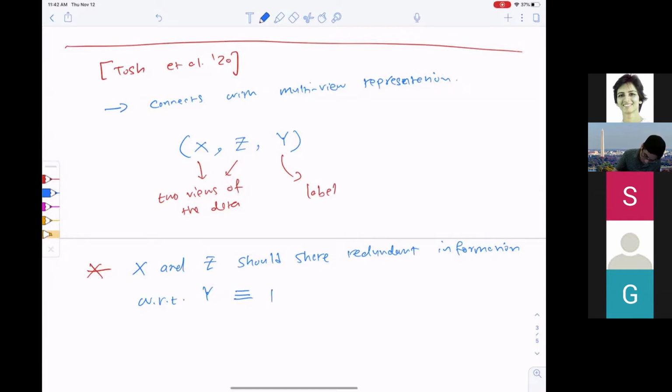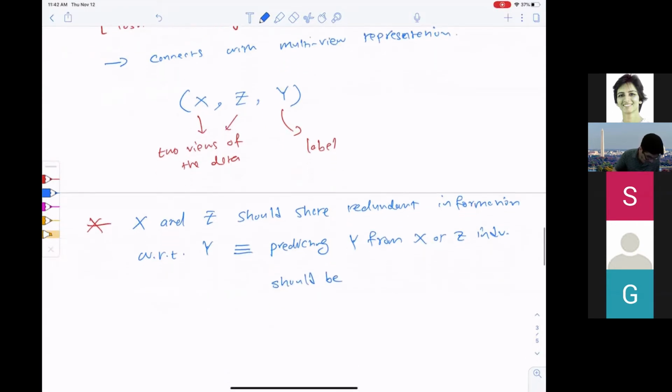So in other words, predicting Y from X or Z individually should be nearly as good as predicting Y from both of the views.